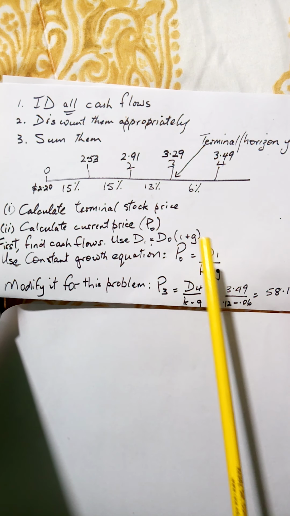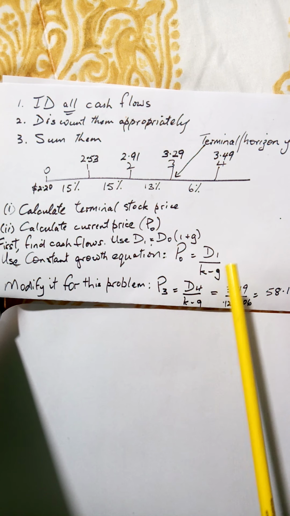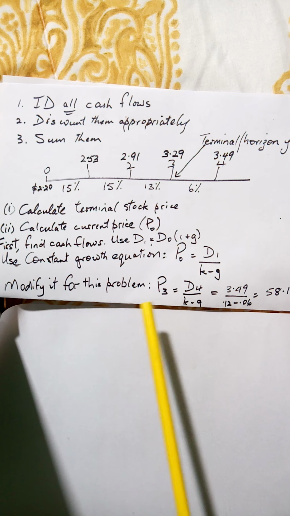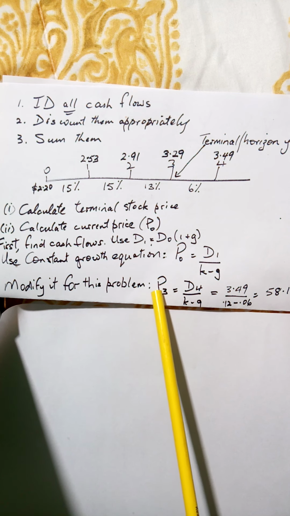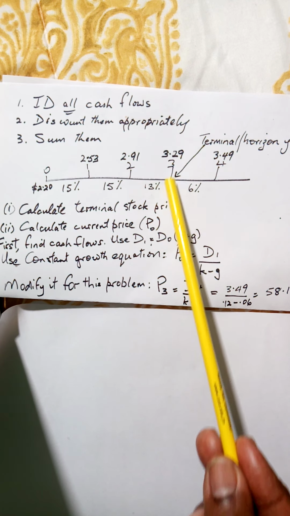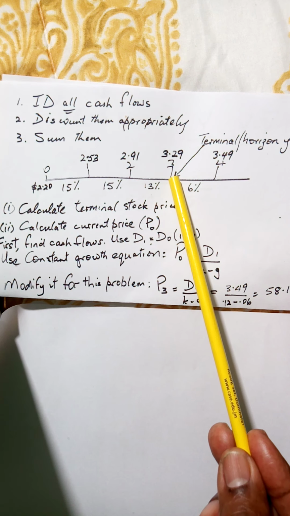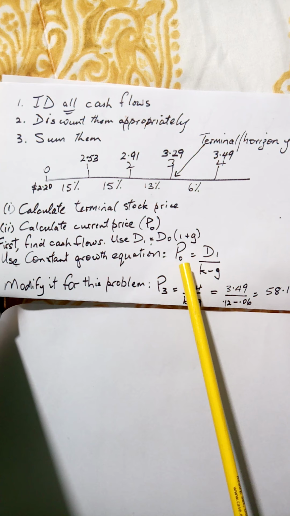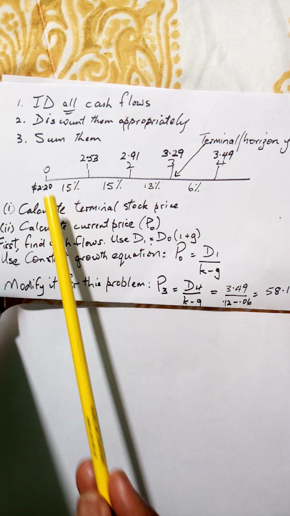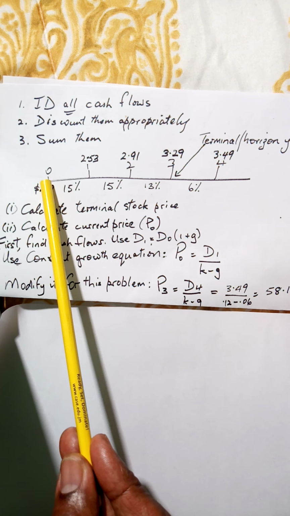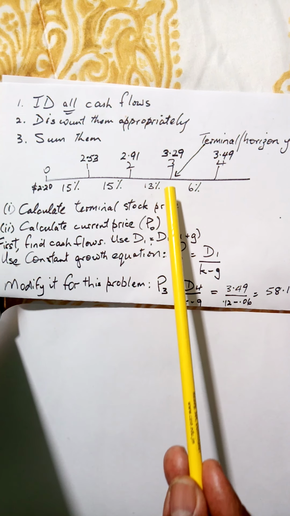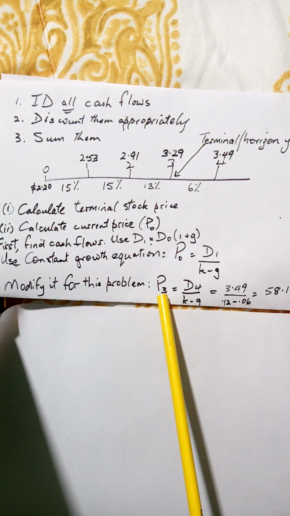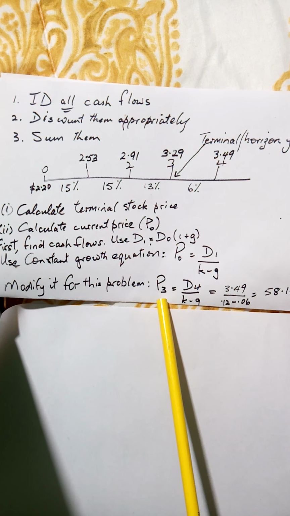And so the general equation is set up as a specific equation, P3, because year 3 is where constant growth starts. P0 in the general equation assumes that constant growth starts at time 0. But it doesn't. In this problem, it starts at time 3.